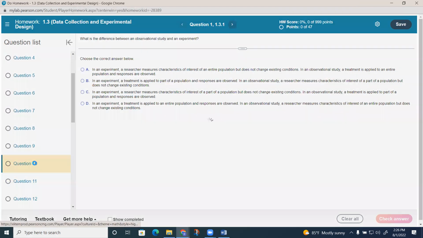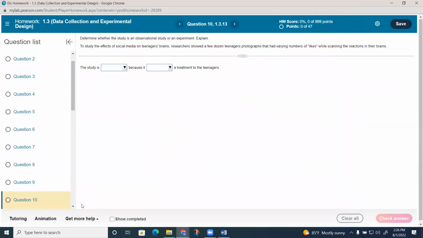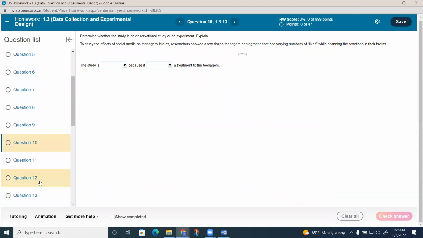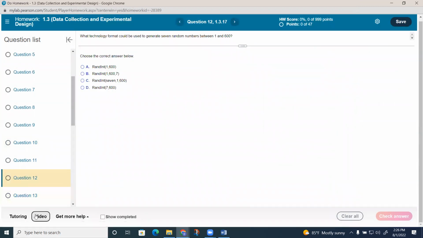Another, if I go to question 10, notice how this has animation down at the bottom. So if you click that, it'll give you some type of animation. Question 12, notice how it says video. You can find this on, I think, page 21 of the textbook, and I think I have a video talking about that as well.